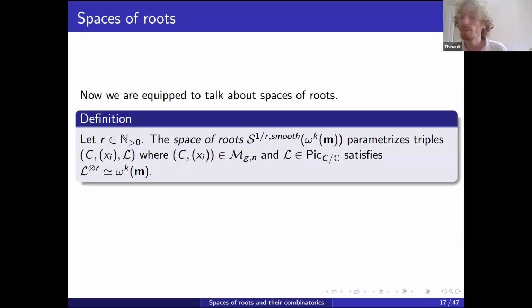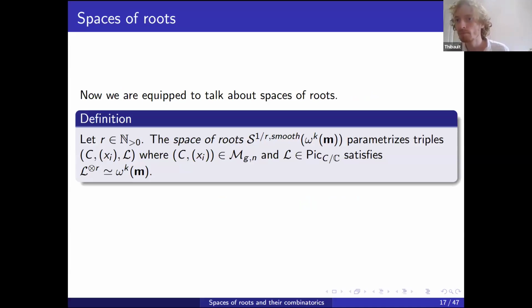So because they give me global sections of the universal Picard group, it means that I can now introduce the space of roots I wanted to talk about, parametrizing smooth curves with markings and with the rth root of my favorite omega k of m.